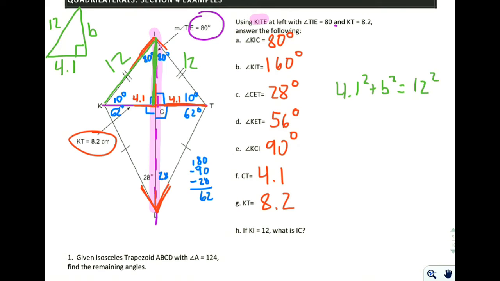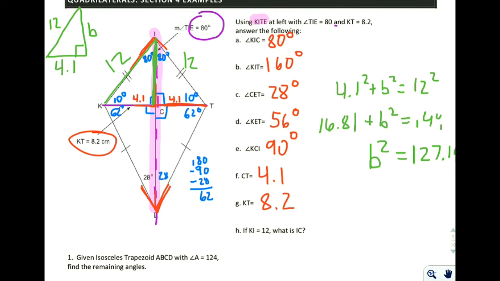And now let's multiply this out, so you'll want to grab yourself a calculator. When we plug in 4.1 squared, we get 16.81 plus b squared equals 144. We subtract 16.81 from 144, and we're left with b squared equal to 127.19.